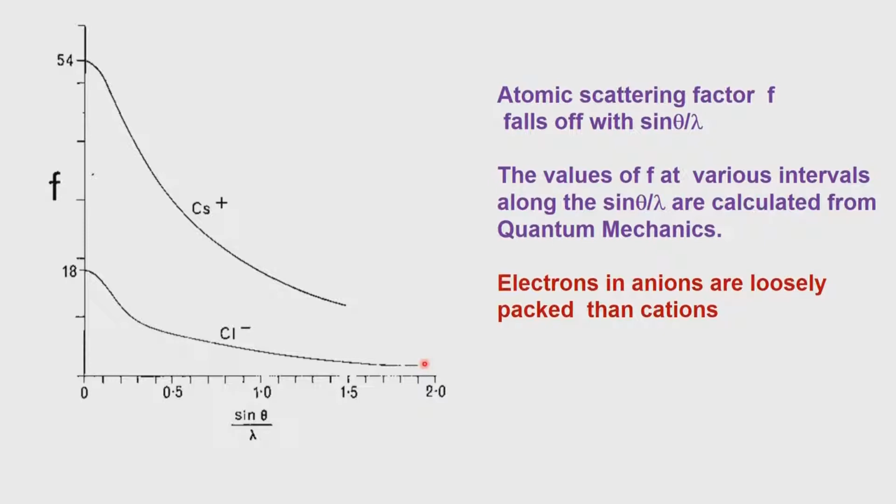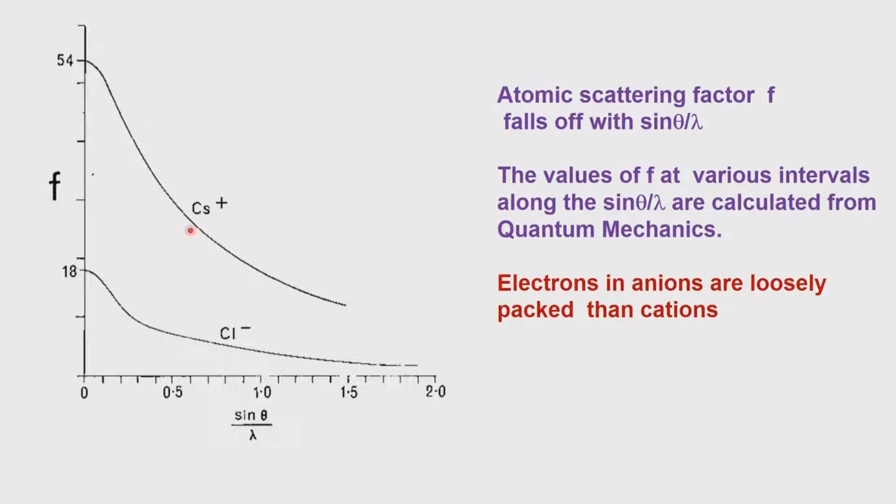This kind of scattering factor behavior is there for all the elements, and it so happens that in the case of anions, the electrons are more loosely packed than in the case of cations. For example, in the case of chlorine, you see that the fall off is very, very rapid. That means it starts losing the electrons at lower sin theta by lambda compared to cesium, which falls slowly.